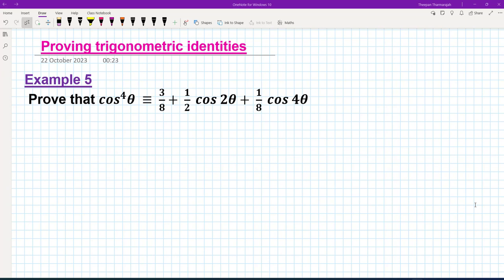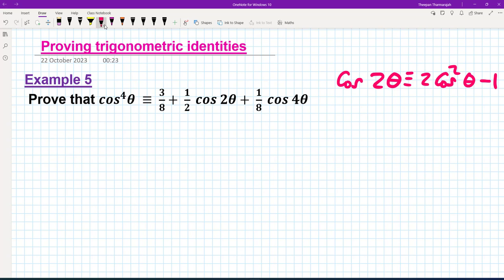So what we're going to do is we're going to say, well, I know a trig identity that says that cos 2 theta is identical to 2 cos squared theta minus 1. So if I notice, instead of a cos squared, I've got a cos to the power 4.